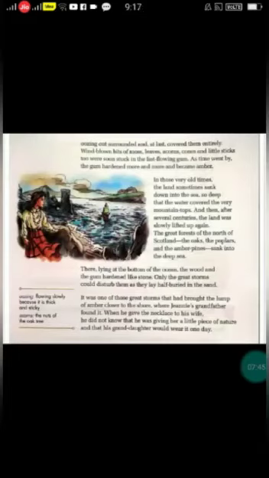Wind blown bits of moss, leaves, cones and little sticks too were soon stuck in the fast flowing gum. So when the wind blows, bits of moss, we have seen the ferny moss, the small leaves, acorns, means the nuts of the oak tree. Nuts means the seeds, some kind of.